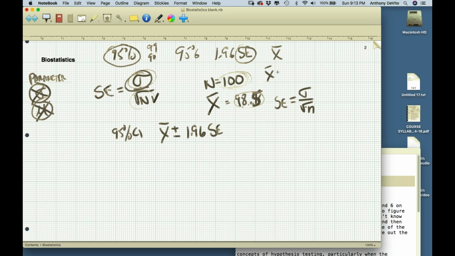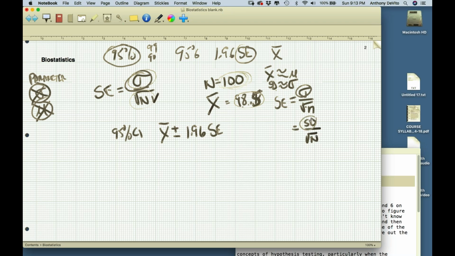So x bar approximates the mean, and the standard deviation of the sample approximates the standard deviation of the population. So instead of using sigma over the square root of n, I'm going to use the standard deviation of the sample over the square root of n.